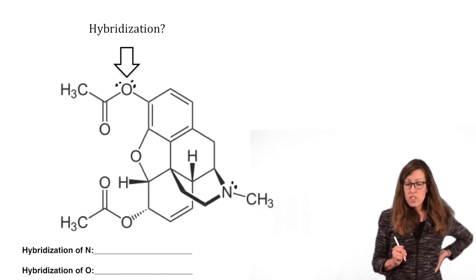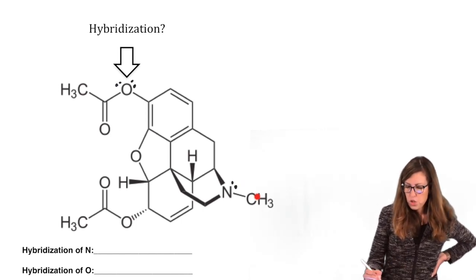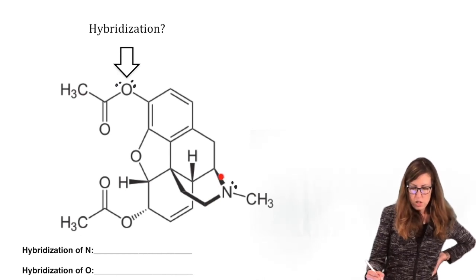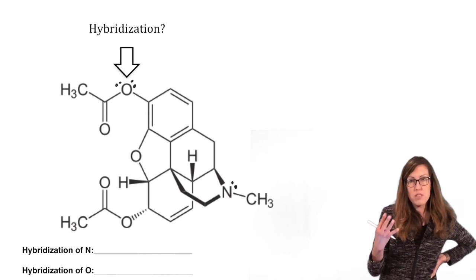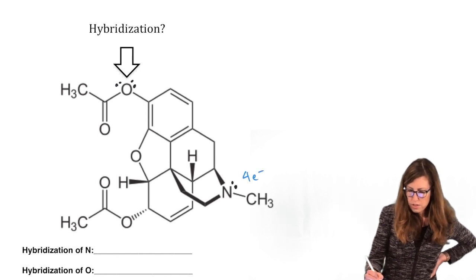Okay, so that hydrogen, when you count electron groups, we say, okay, we have 1, 2, 3, 4 electron groups, right? So it needs 4 hybrid orbitals. So geometry helps a lot. So 4 electron groups means you need 4 hybrid orbitals.